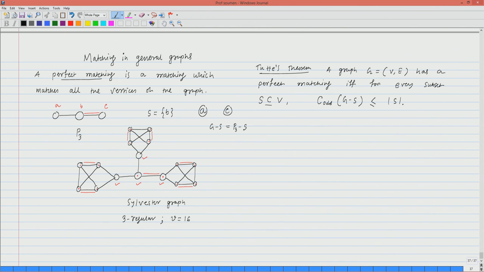An odd component is a component having an odd number of vertices, and a component having an even number of vertices is called an even component.